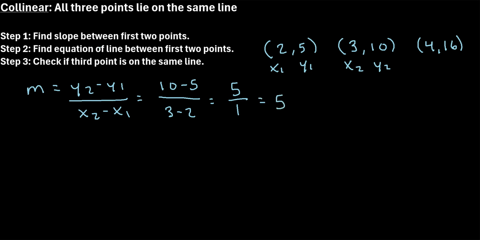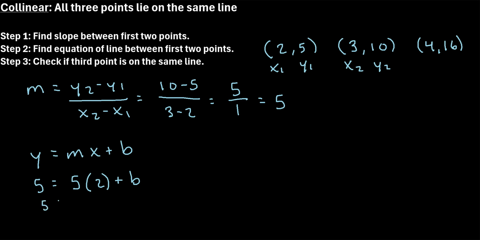Step 2 says let's find the equation of the line between the first 2 points. Remember, that's y equals mx plus b. And we just found that m is equal to 5. We can pick either one of these points to plug in the x and y values. Let's pick the first point. Let's plug in a 2 for x and a 5 for y. So 5 is equal to 5 times the x value, 2, plus b.